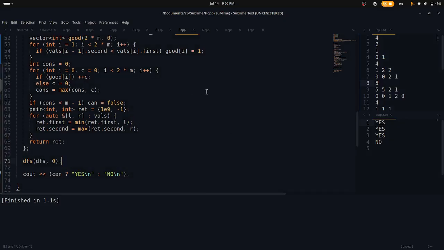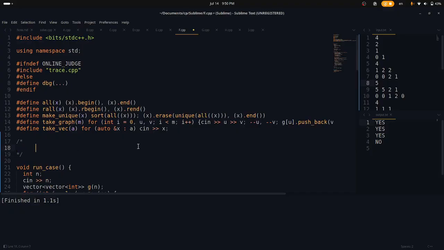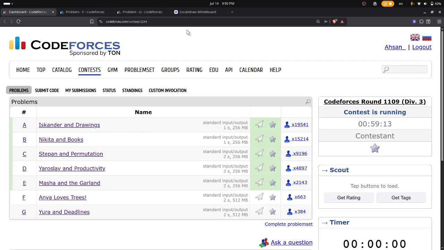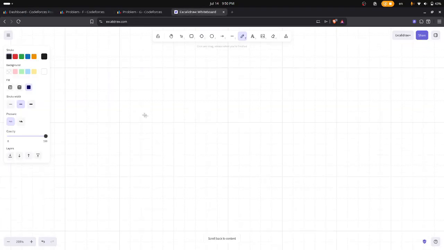But making a test case for this problem is kind of hard. So you can make a test case like this.